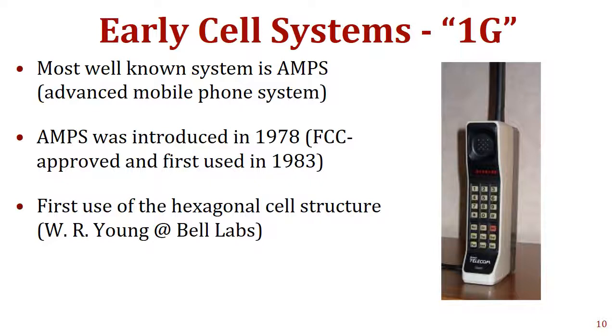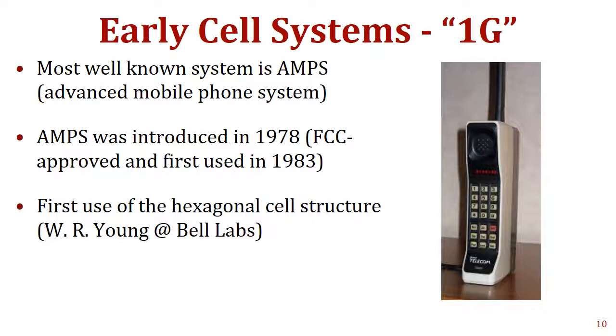When I say advanced, it's not really advanced, but it was very innovative during the time it was introduced in 1978, and the FCC first approved it in 1983. Much older than all of us.